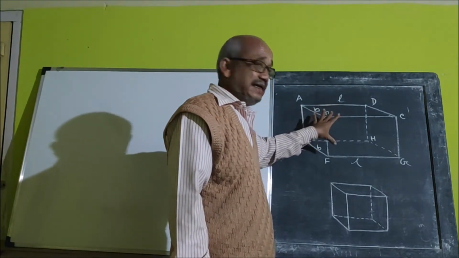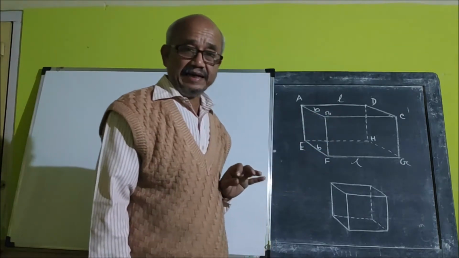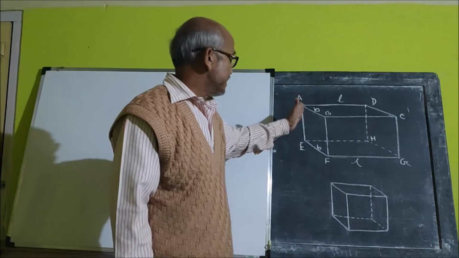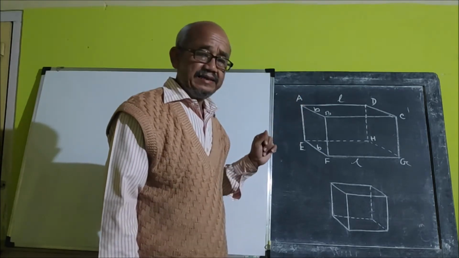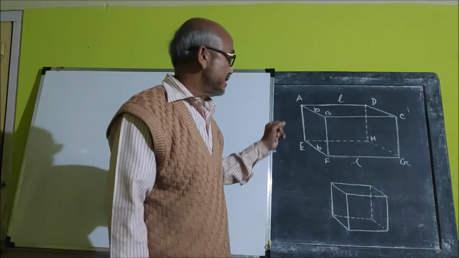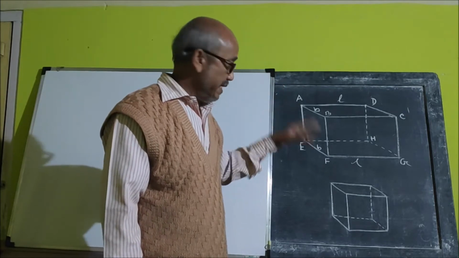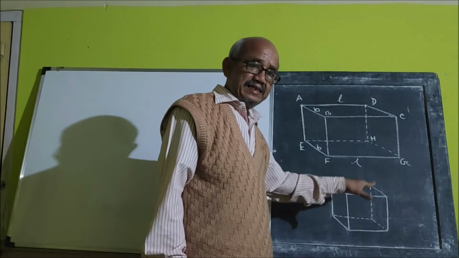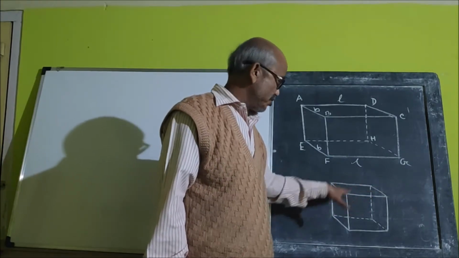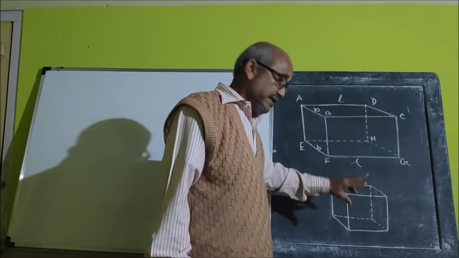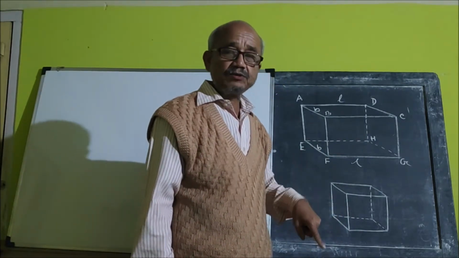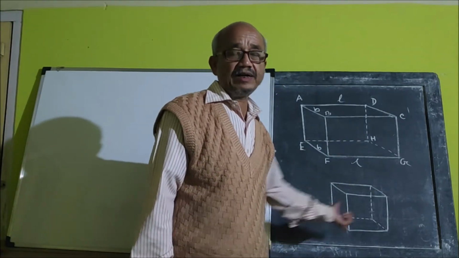This cuboid has different dimensions, not equal. That means it has a separate length, breadth, and height. Each and every dimension is separate. But this is the cube. It is also a three-dimensional figure, but length, breadth, and height are all equal.